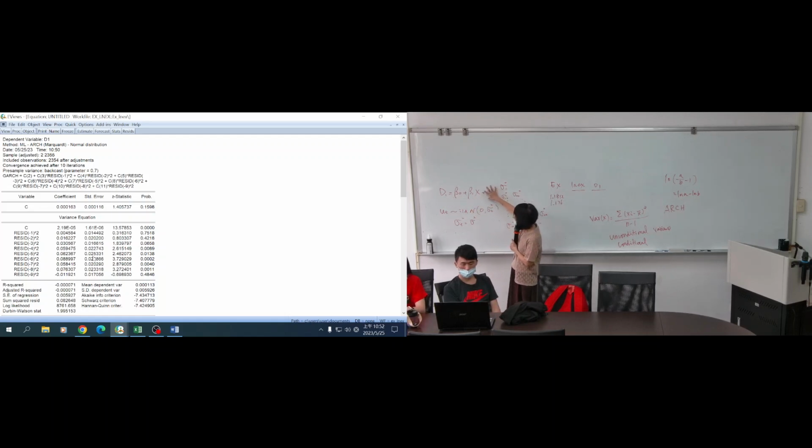Since this one, we also need to consider the behavior of the variance, which is not IID normal white noise. And we consider the volatility of the return, then the ARCH model is much better than OLS.